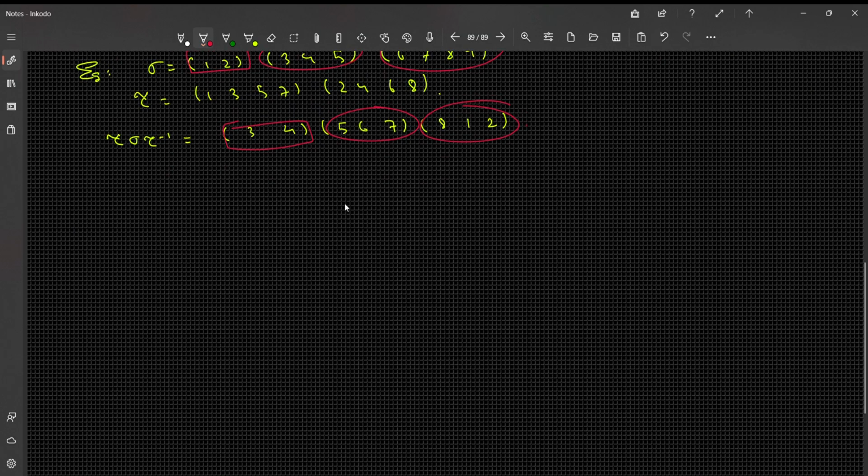So this proposition leads us to the concept of cycle types.